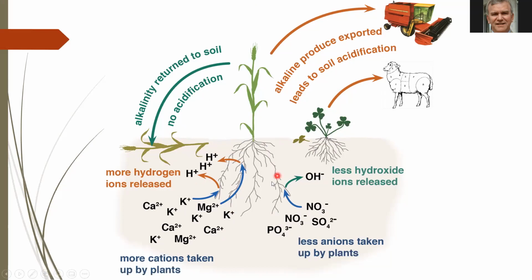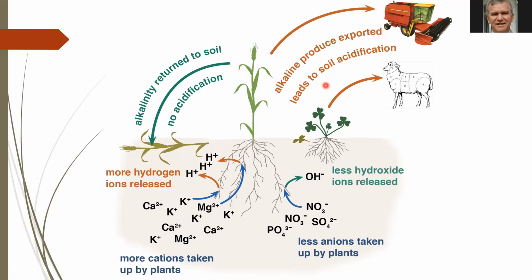On the right side, you see the plant is being removed. Both the corn might be removed, and in the case of producing silage on a farm, when the corn is removed, not only do you take the grain, but you take the whole plant. And in this case, this leads to acidification because the minerals in the soil that are associated with alkalinity decrease, which leads to an extra concentration of hydroxide molecules.